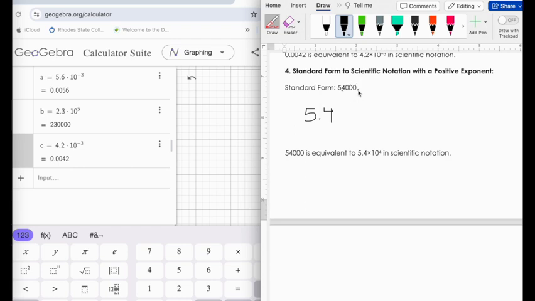So I'm going to count how many times I need to move my decimal. 1, 2, 3, 4. So this is going to be 5.4 times 10 to the 4th. And we're using positive 4 because this is a large number. We're going from 5.4 and we want to make it bigger so that it's equal to 54,000.